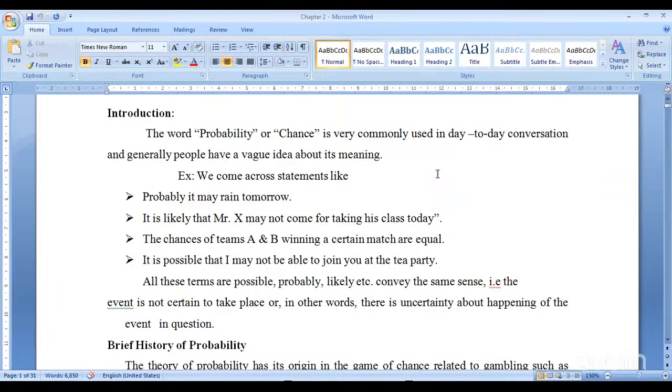Without probability or chance, things will certainly or uncertainly happen or may not happen. So generally a statement is like this: probably it may rain tomorrow.